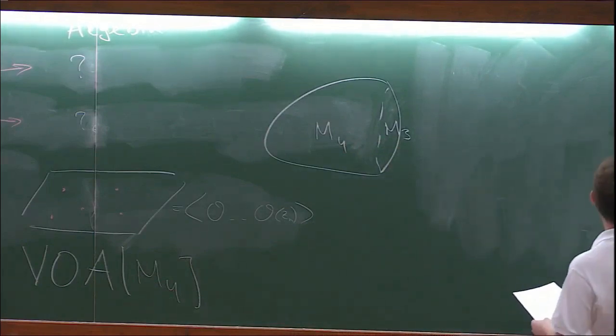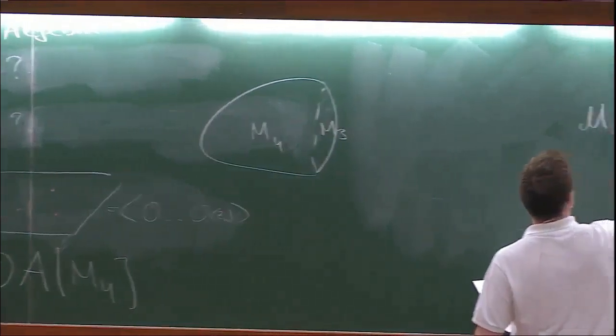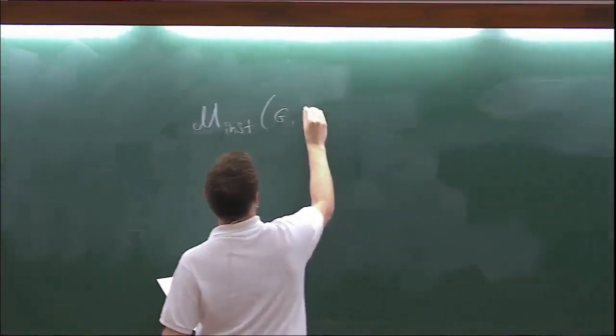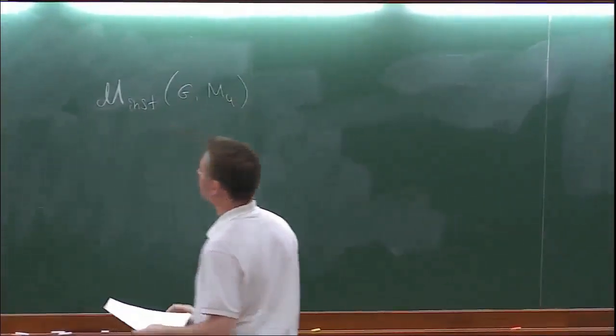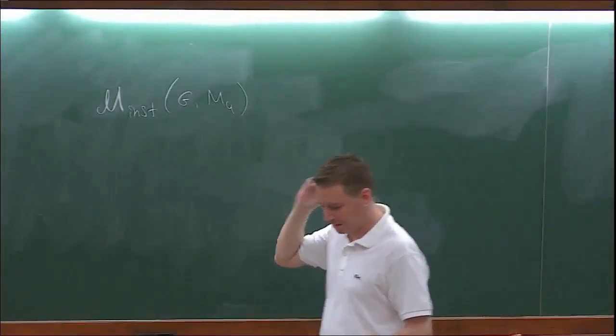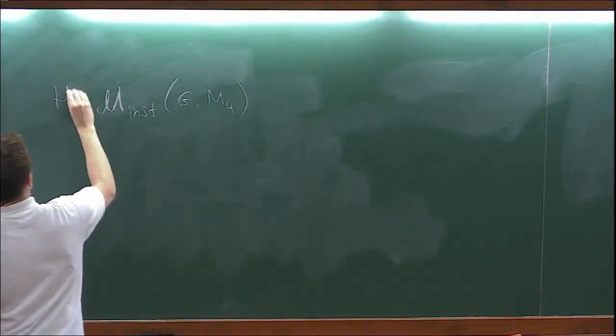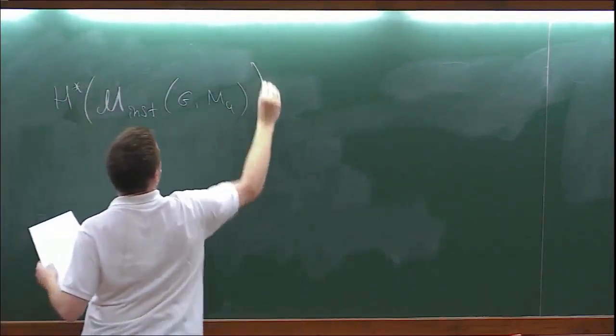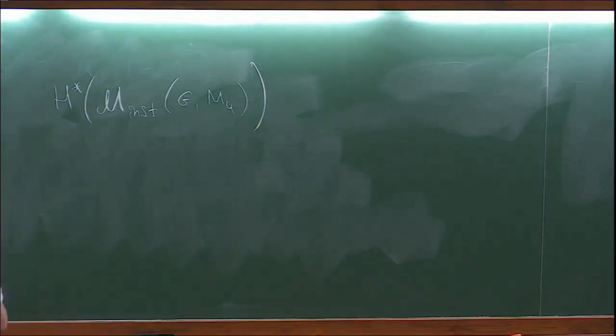Namely, you can try to study moduli spaces of instantons for group G on your 4 manifold M4 and take its cohomology and ask what kind of algebraic structure acts on this space.